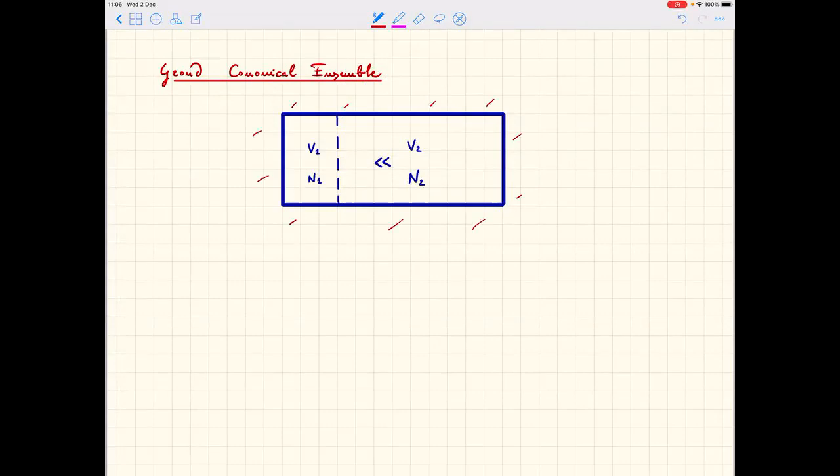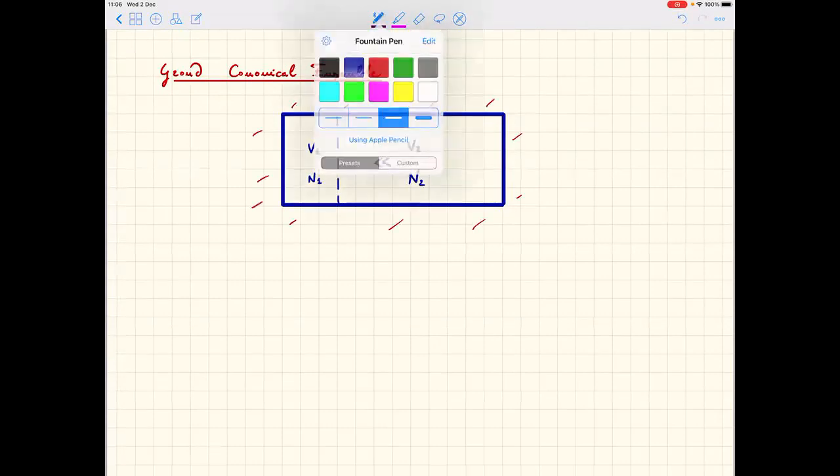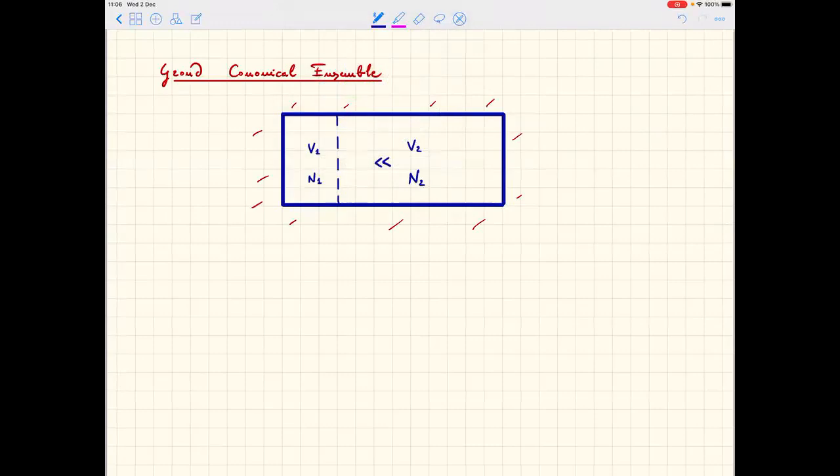And what we are interested in is describing the statistical mechanics of the small system. So V is equal to V1 plus V2, and N is equal to N1 plus N2. Let's imagine it's a gas, just for simplicity.